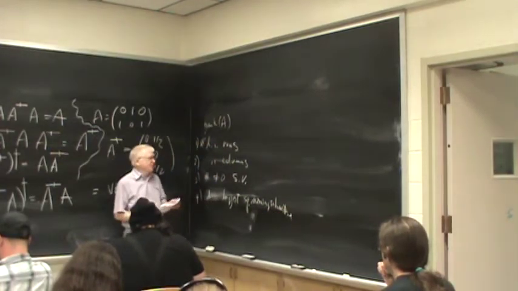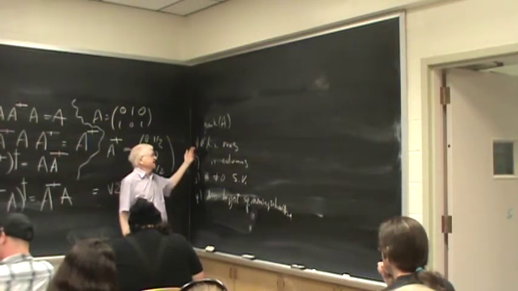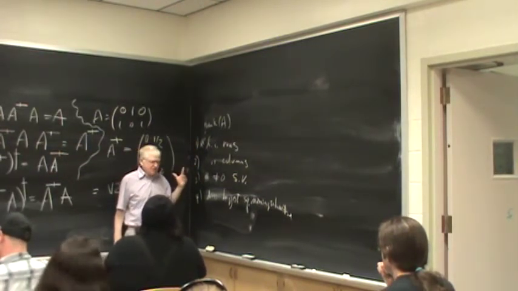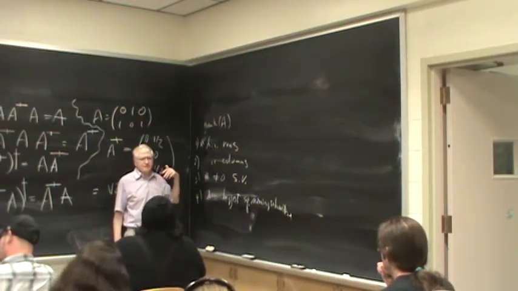I'm abbreviating because it's written in the book and I'm just repeating it, but the idea is if you have a matrix and it has so many linearly independent rows and so many linearly independent columns, that's the rank.